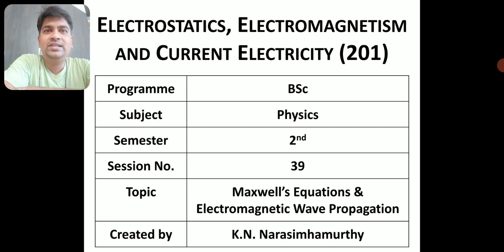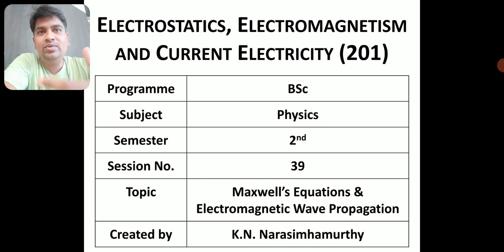Maxwell tells us that electric and magnetic fields are in no way separate entities. They coexist, and they are now two aspects of the same topic, which is called electromagnetism. The 4 important laws of electrostatics and magnetostatics, like Gauss's law, Ampere's law and Faraday's law, have been expressed as 4 different equations, called Maxwell's equations.